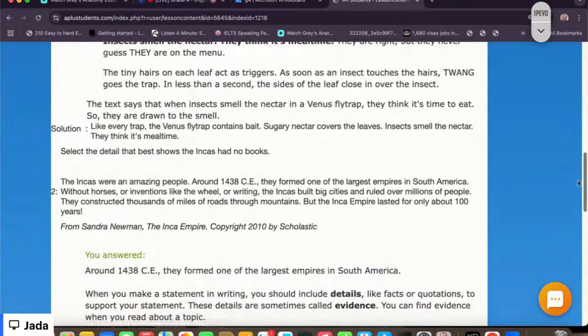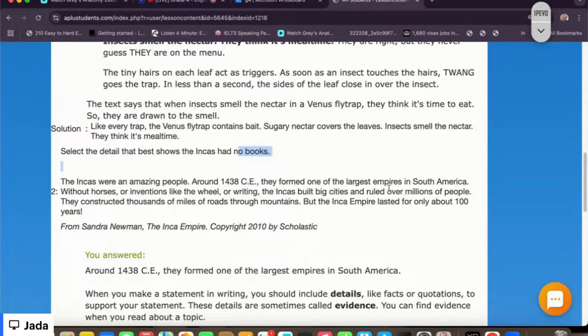Alright, let's look at some more examples. Alright, so select the detail that best shows the Incans had no books. Now, the Incans were an amazing people around 1438 CE.